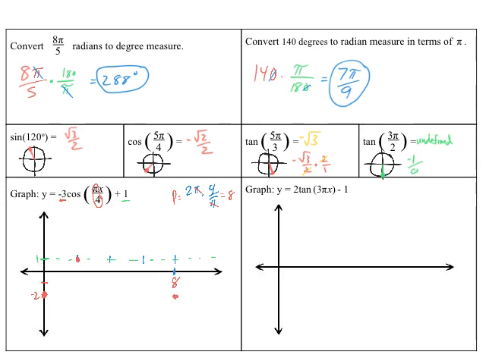Halfway through, it's going to hit the midline. And then in the middle here, it's going to be up 3. So we go 1, 2, 3, so it'd be here at 4. So in the middle, you would be right there. So that would be our graph, and we sketch our cosine graph here.